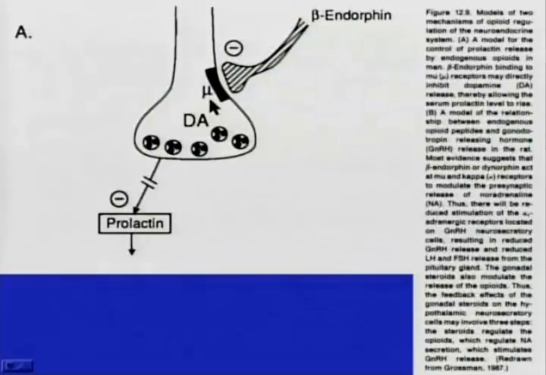So this mu receptor is decreasing the likelihood of exocytotic release of the dopamine in this terminal. I was just looking to see if the authors mentioned if the mechanism is known.